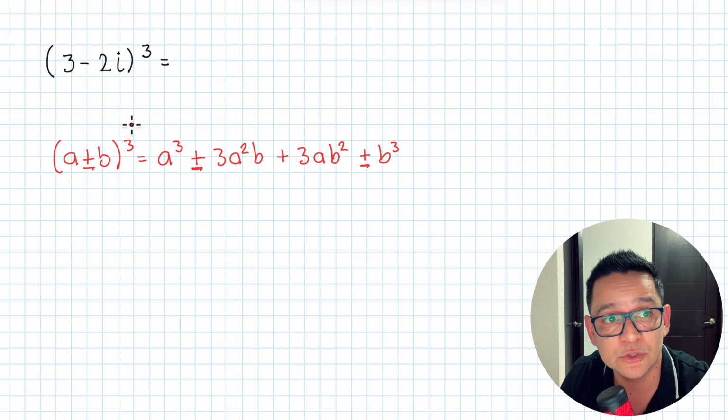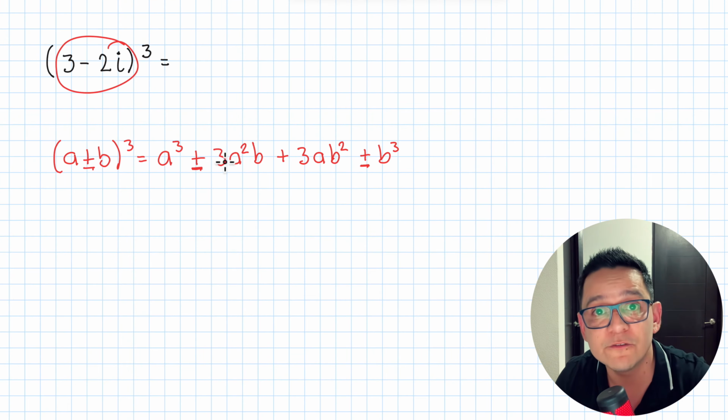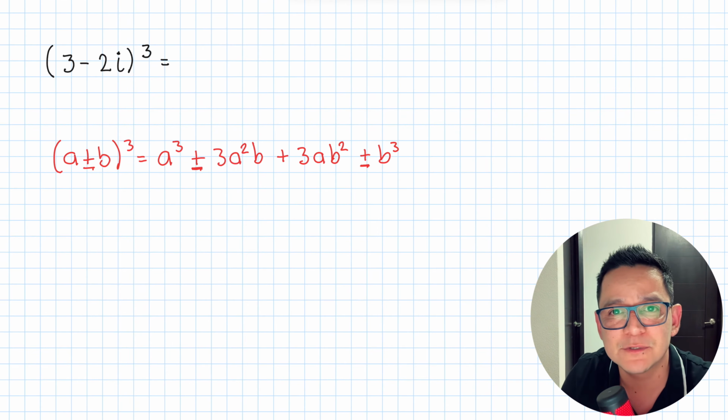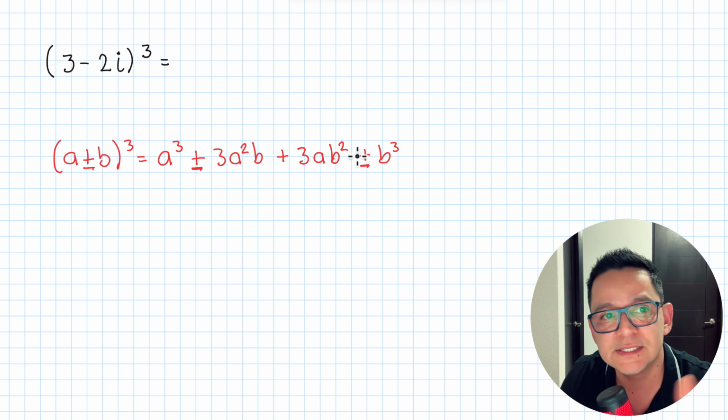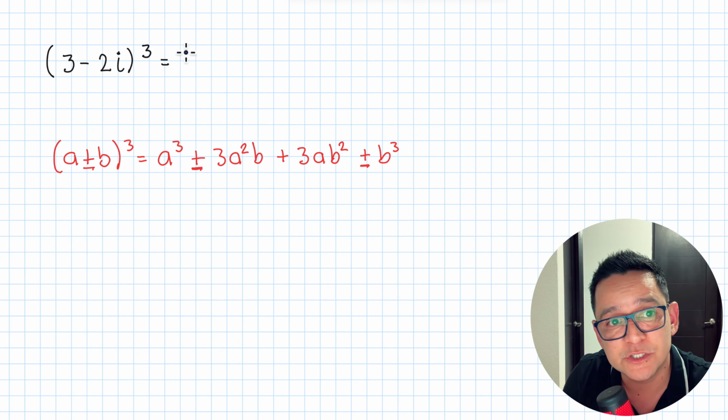In this case, we are going to treat this complex number as if it were a binomial, and we are going to raise it to the third power. So let's do it little by little. We start with the cubic term: 3 raised to the third power.